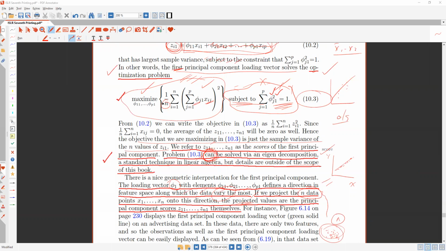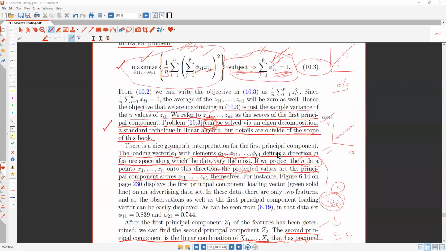This idea is maximizing the variance, okay? Maximizing the variance of the variables and maximizing the variance of that first component. So this is the component that maximizes most of the variance in the original variables. That's the idea of PCA.